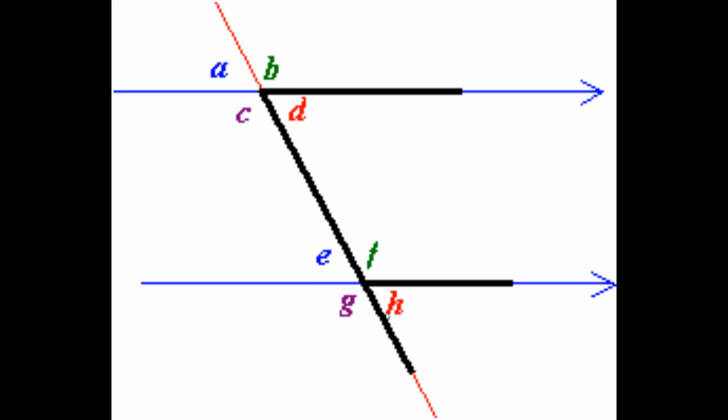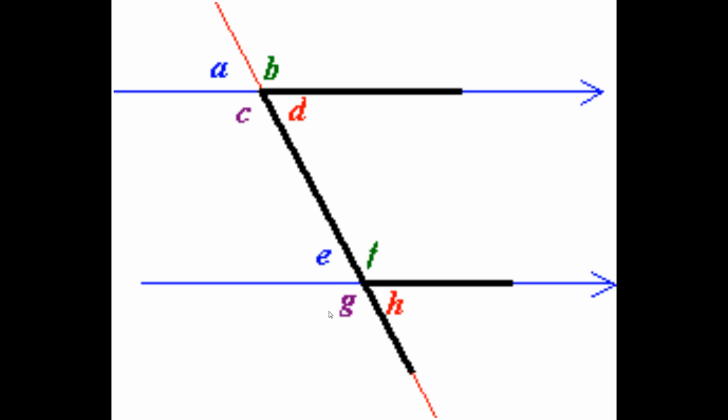So if the measure of angle A is equal to 50 degrees, we want to find the measures of the corresponding angle pair. Angle A corresponds with angle E here. So A and C or A and G would both be supplementary angles because they're either adjacent or they're same side exterior, depending on which you choose.